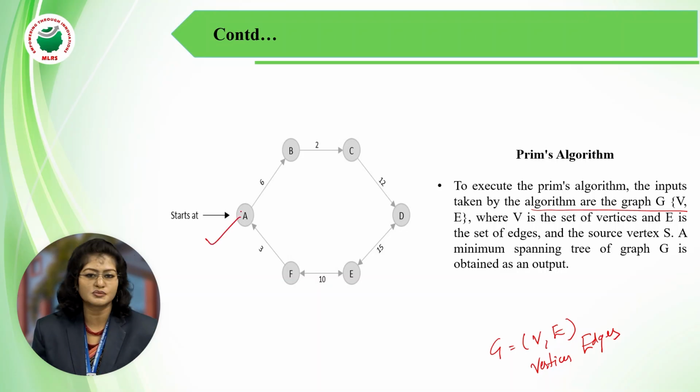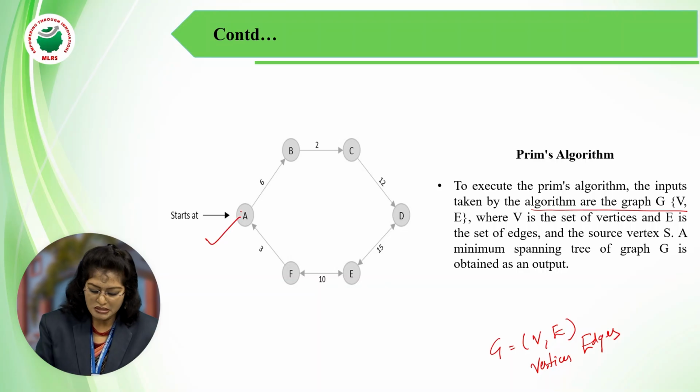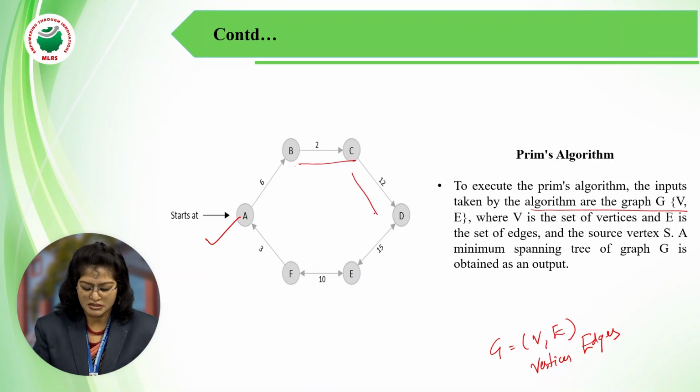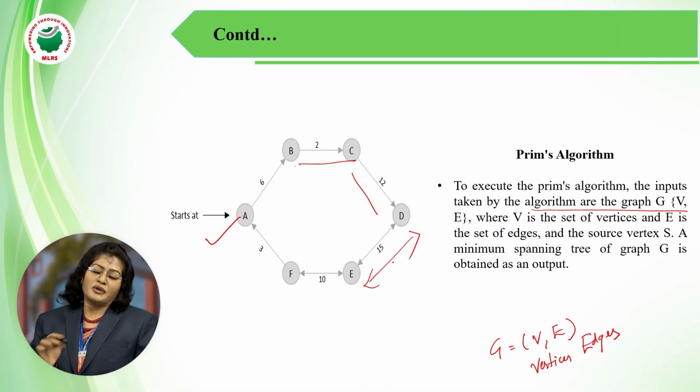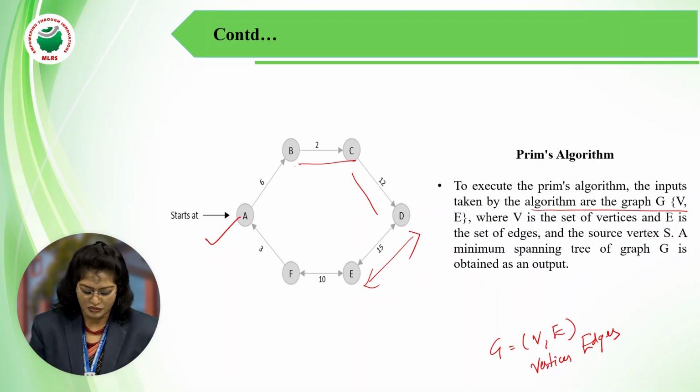The starting vertex we have is A, and A is directly connected to B. B is connected to C, C is connected to D, and D is connected both ways. So from E to D we can go, and D to A we can go. When we are doing the problem, we can check which is the minimum. And here also E to F, again it is connected both sides.